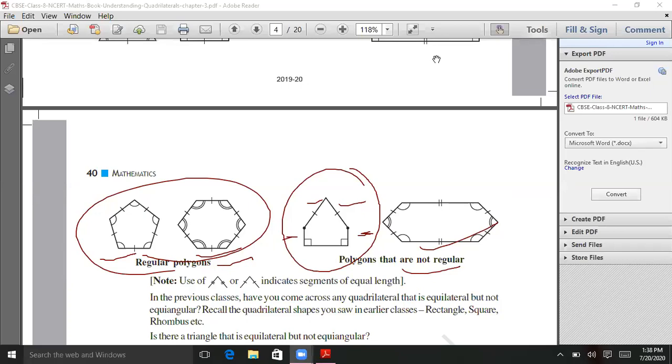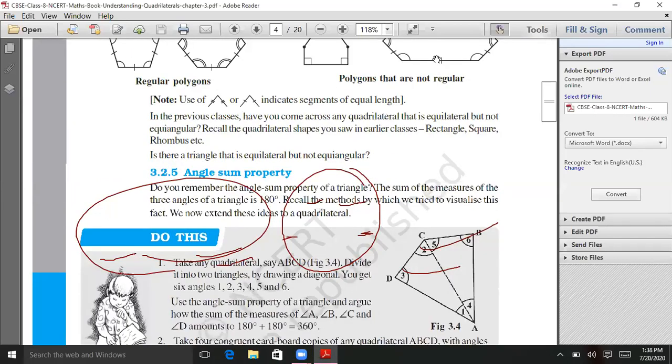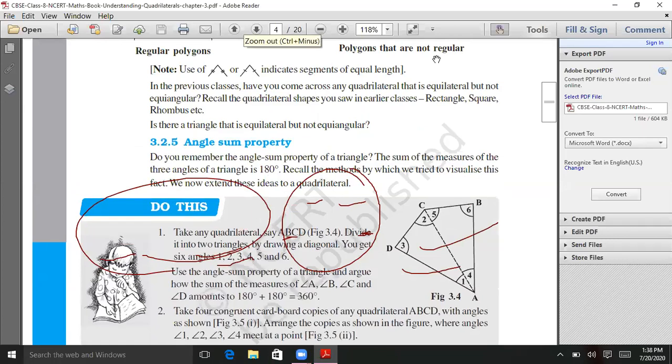Next is the angle sum property. Let's move to the angle sum property now.